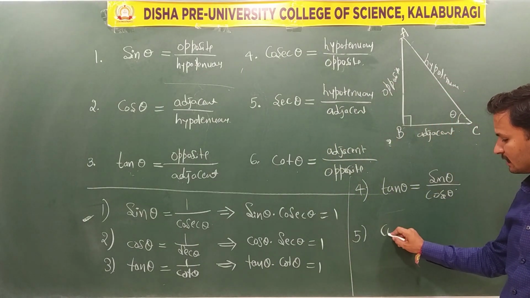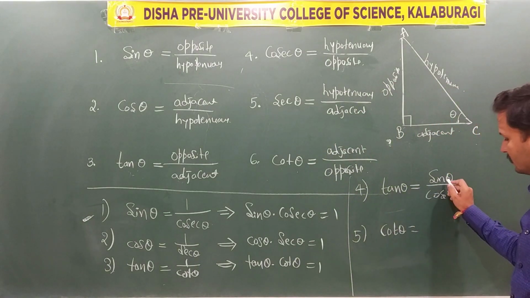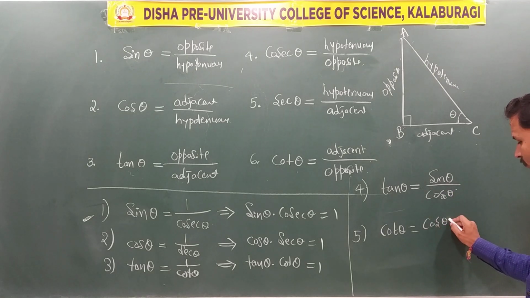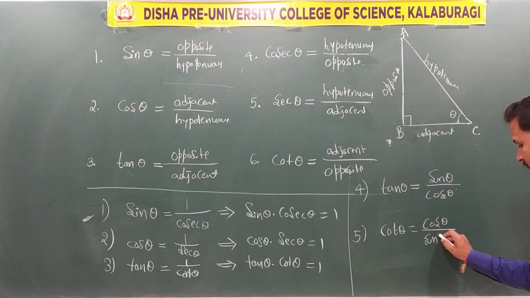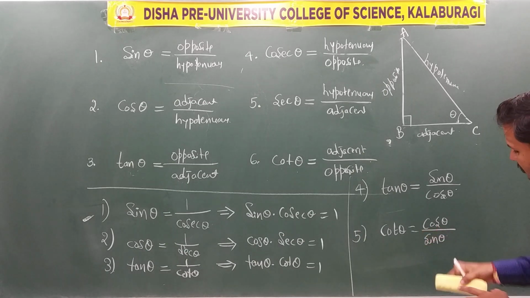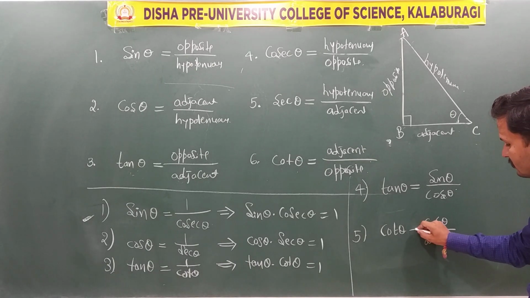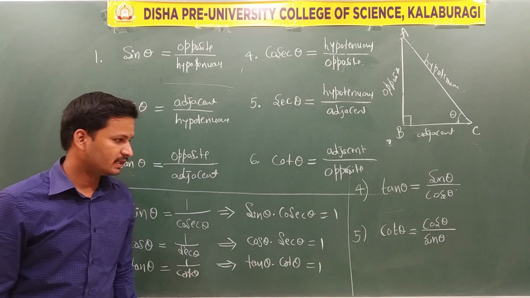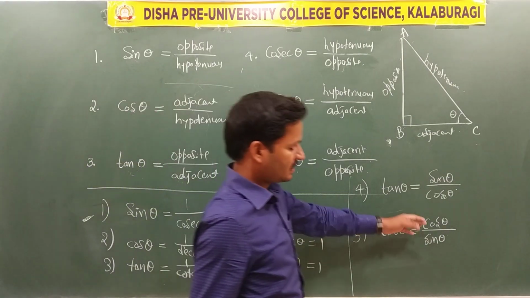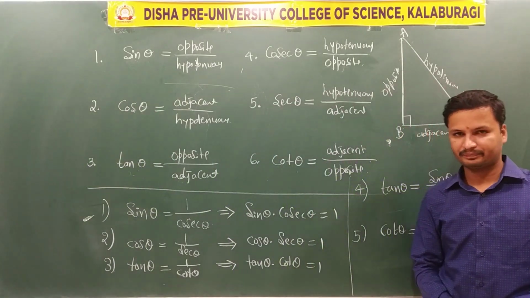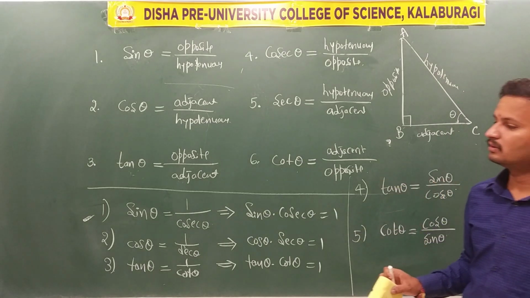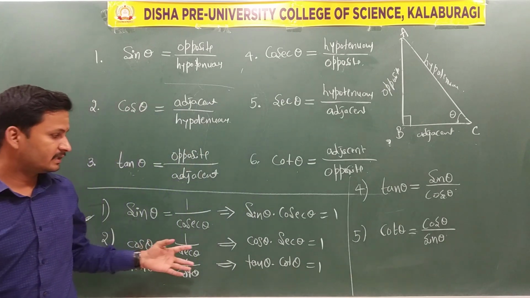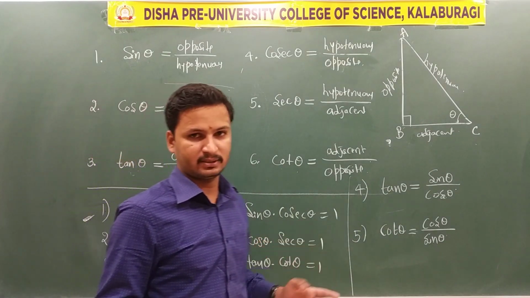So cot theta can be written by just taking the reciprocal, that is cos theta divided by sin theta, because the cot function is the reciprocal of the tan function. So this is all by the definitions of trigonometric functions. These identities, relations are very important.